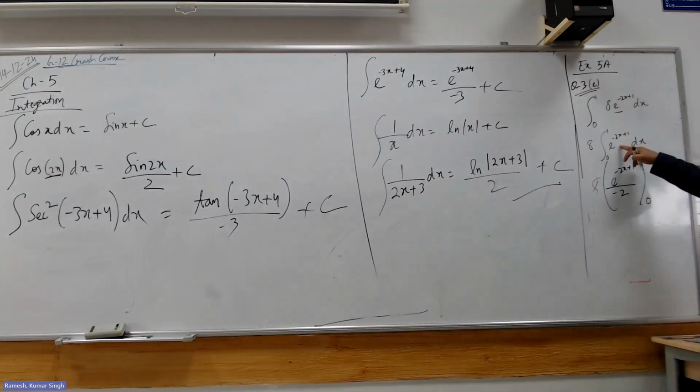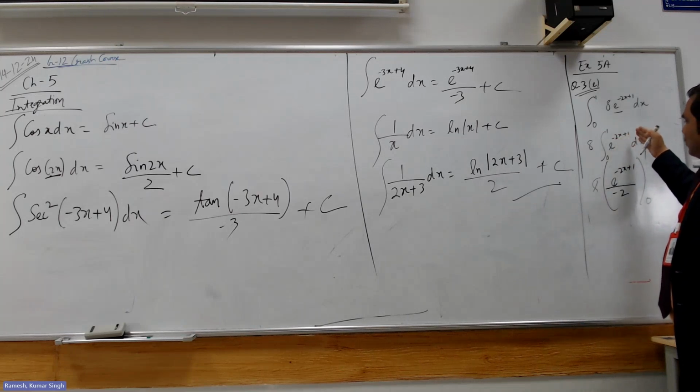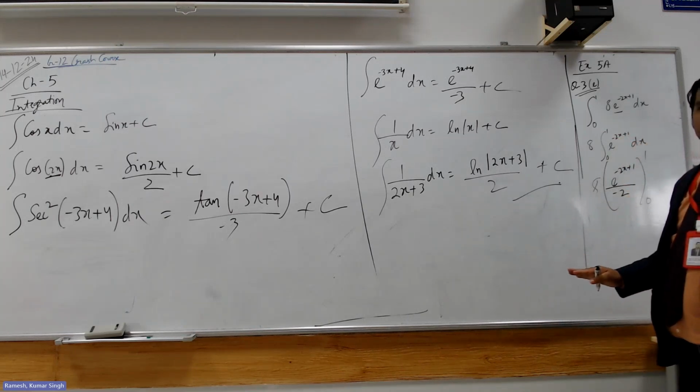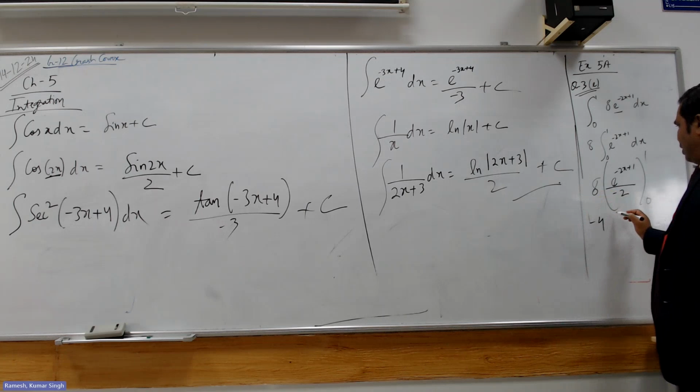So integration of e to the power minus 2x plus 1 is going to be e to the power minus 2x plus 1 divided by minus 2. 8 over minus 2, as minus 2 is a constant, we can bring it out and write minus 4, e to the power minus 2x plus 1, limits 0 and 1.